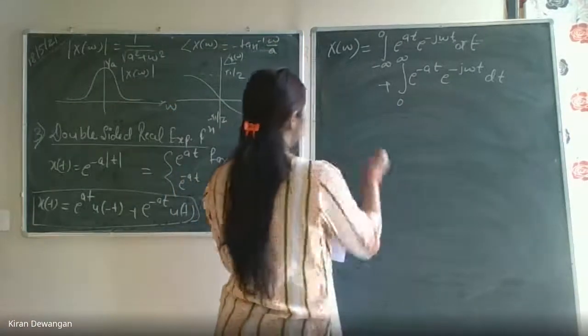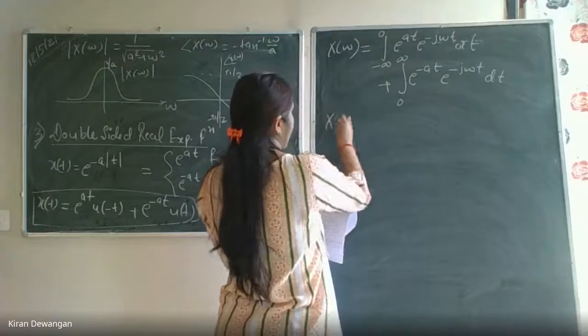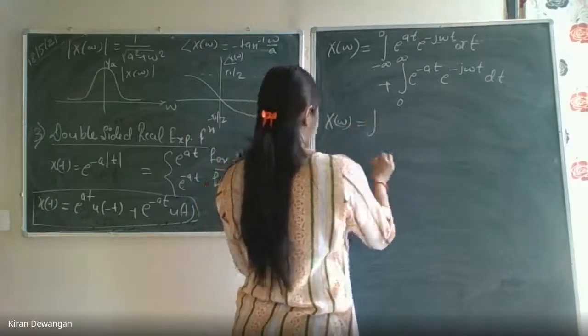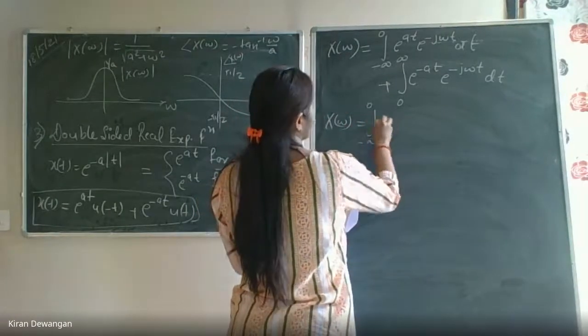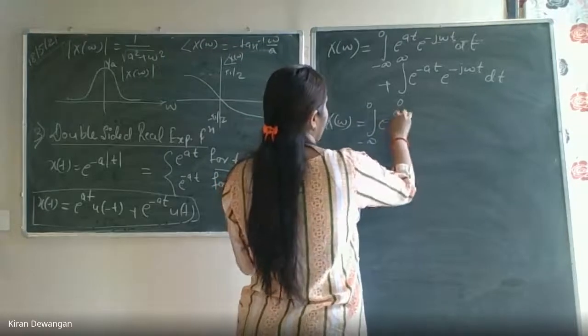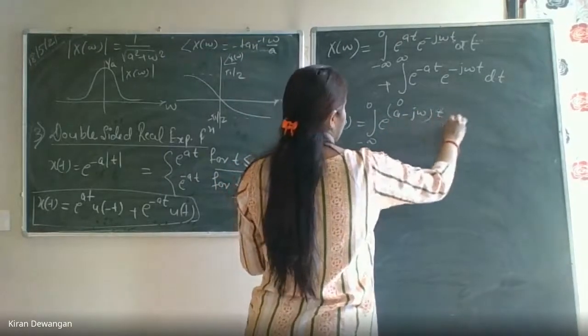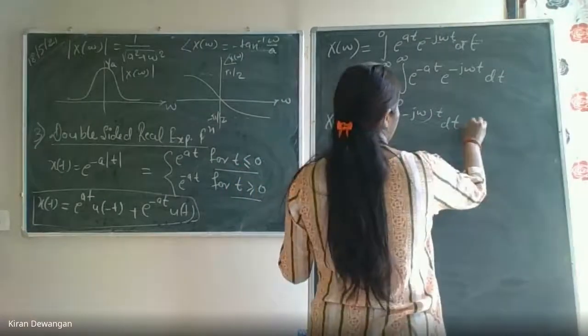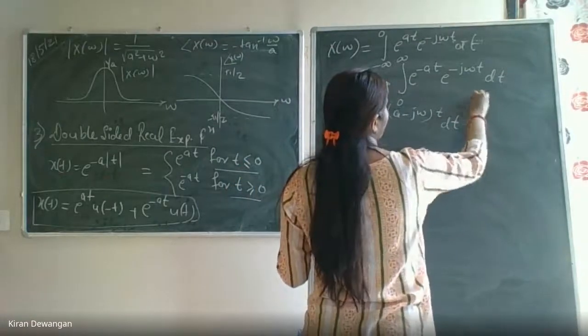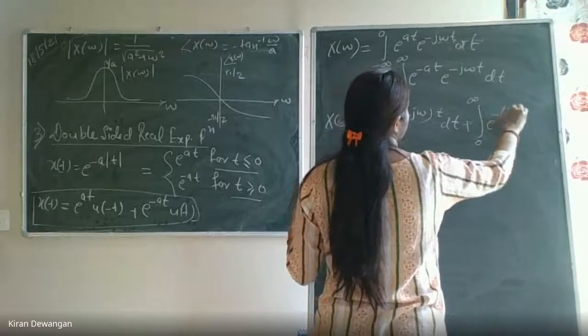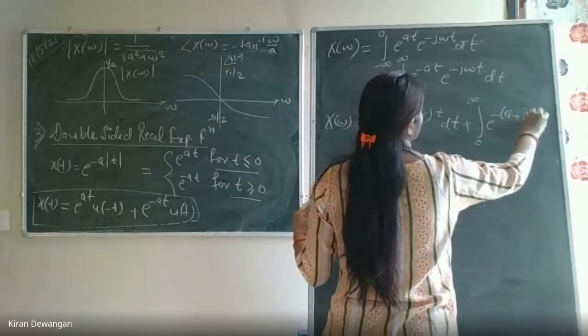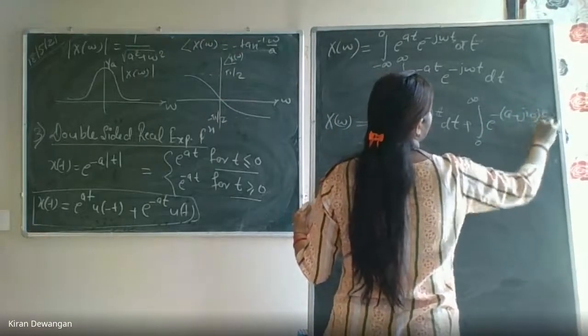Now after this it becomes integral from minus infinity to 0 of e to the power (a minus j omega) t dt, plus integral from 0 to infinity of e to the power minus (a plus j omega) t dt.